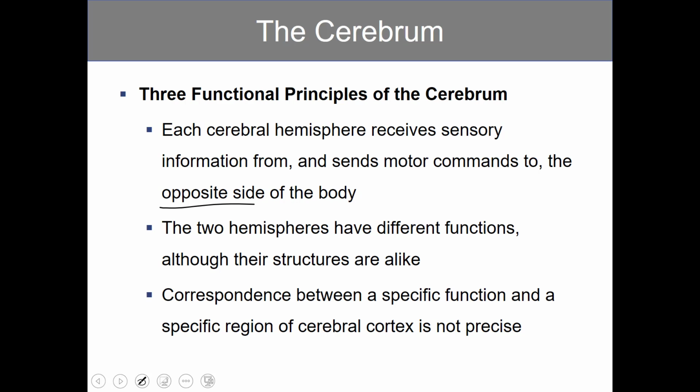The second functional principle: the two hemispheres, even though they look alike, have very different functions. And we'll talk more about that in a bit. And then lastly, the correspondence between a function and a particular region is not precise. Everybody's a little different.